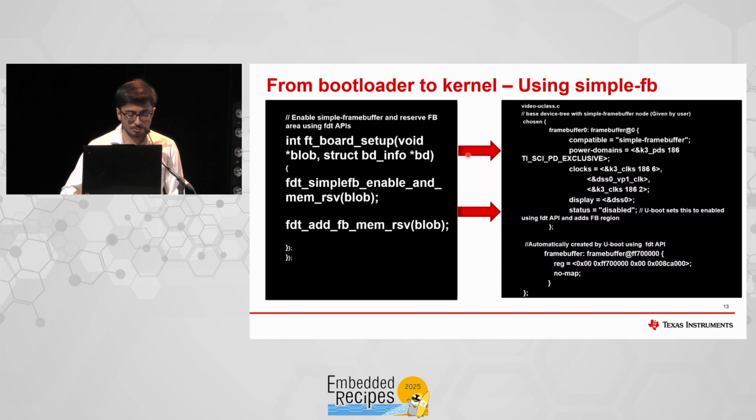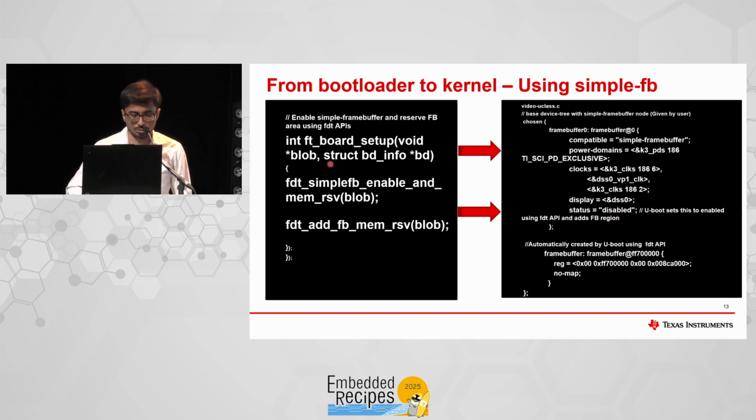So we want to automate this, right? We don't want to hard code the frame buffer address in the device tree. I'm sure maintainers won't like that. What you can do is define a static node for simple framebuffer and keep the status as disabled, link it to your display driver and specify the power and clock domains.